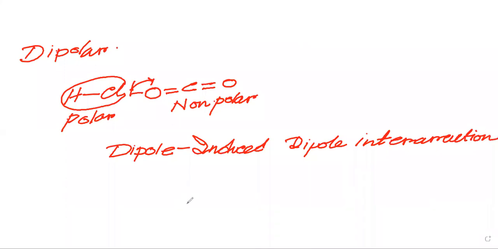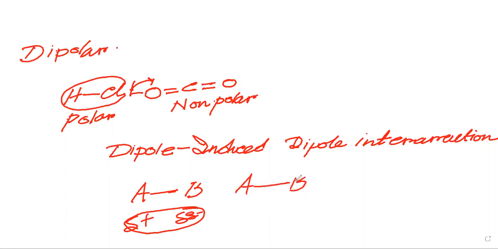Now, in this interaction, what happens? Suppose we have a system AB with B more electronegative than A. Then the system will get polarized. This is B delta minus and this is delta plus. Now, that system will induce polarity in the non-polar system. Suppose this AA is a non-polar system.